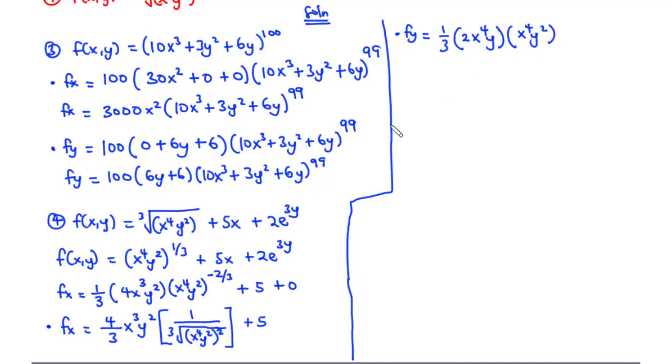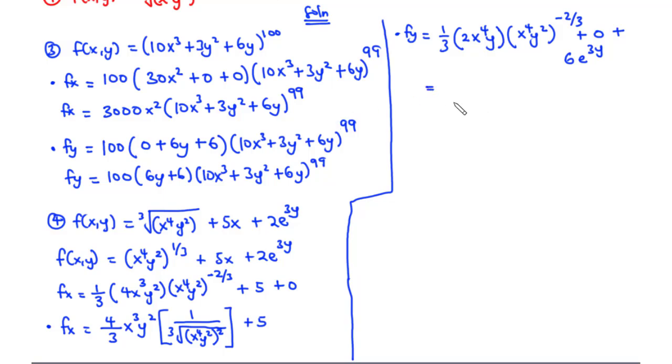We are going to reduce the exponent by 1, so negative 2 over 3, and then this is 0, and then plus, when you differentiate 3y with respect to y, you have 3, so 3 times 2 is 6, so we have 6 times e to the power 3y.